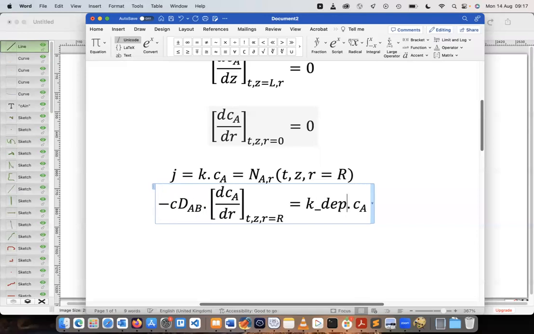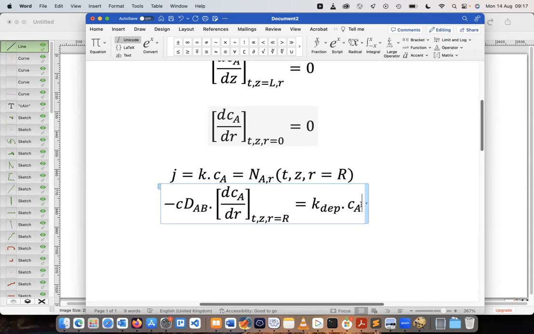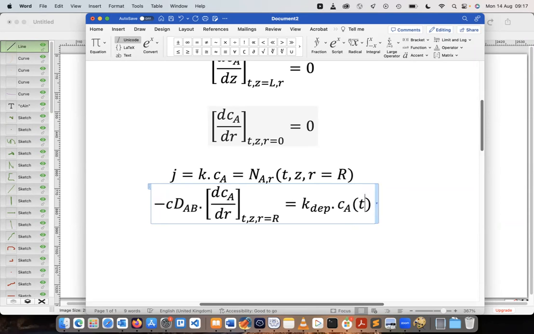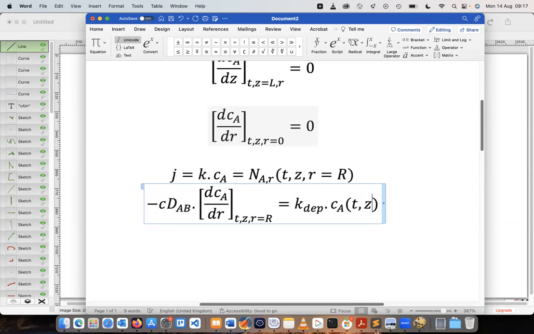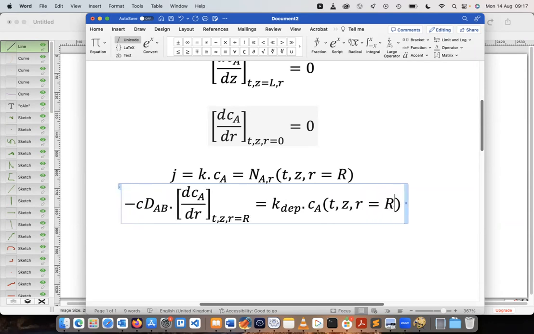Maybe let's make that more explicit. There's a certain deposition constant which depends on the concentration. And we have to realize here, this is the concentration at that wall. So we can also specify here for all time, for all axial positions, but specifically at the wall. So this is a specific concentration.